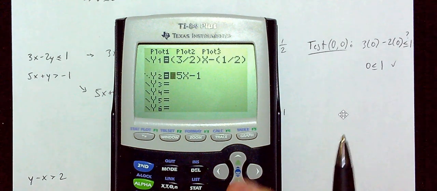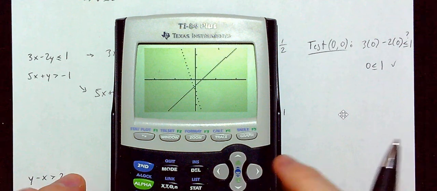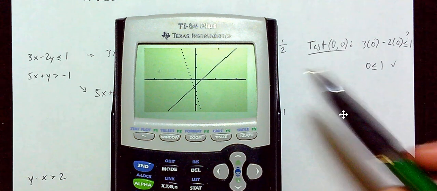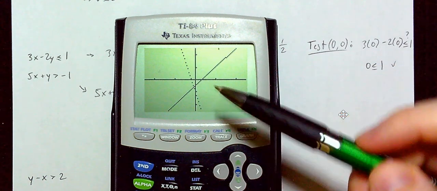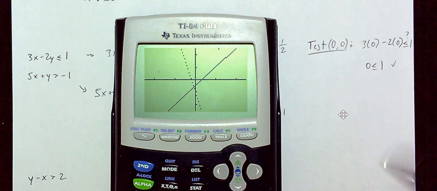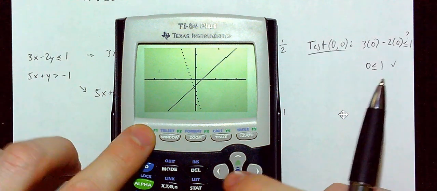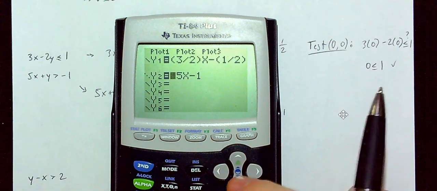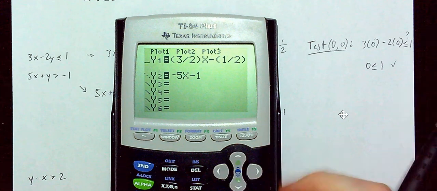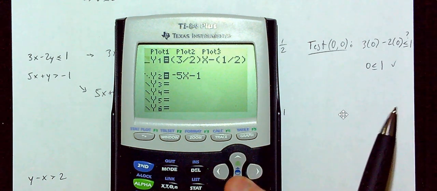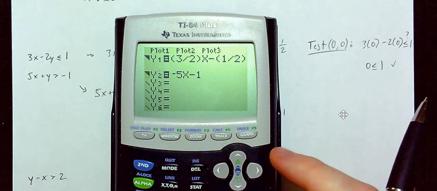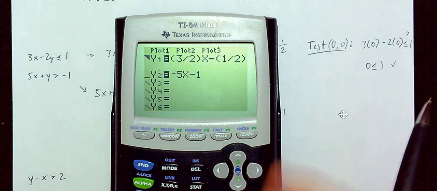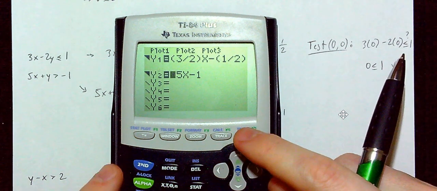So I know that looking back at our graph here, since 0, 0 lies above this dashed line, I'm going to need to fill in the portion that lies above this dashed line. So changing my setting for the first one here, and then changing my setting for the second one here to lie higher than that line as well.